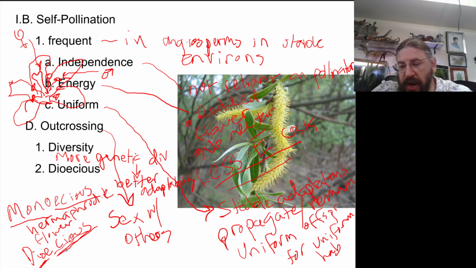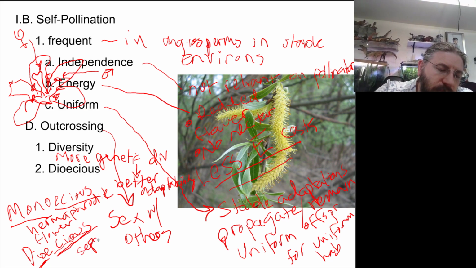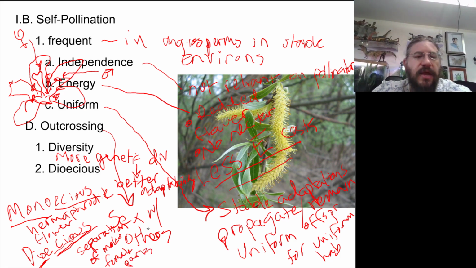So separation of sexes, male and female parts. Now, this can be as simple as having on the same plant flowers with only anthers, and then flowers with only stigma.